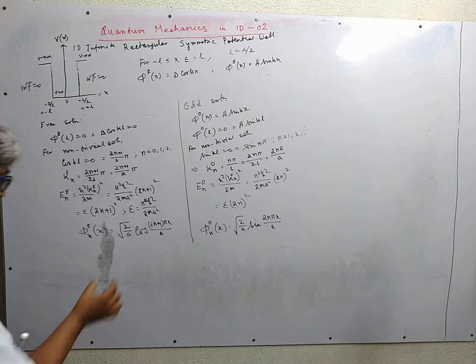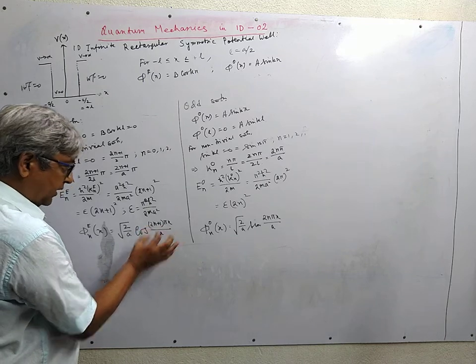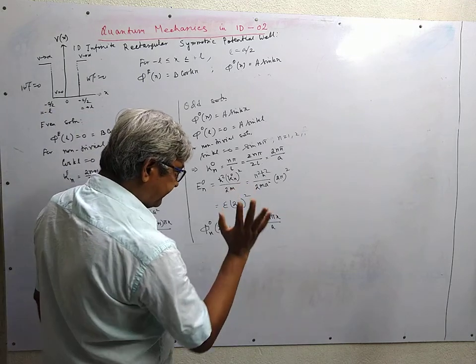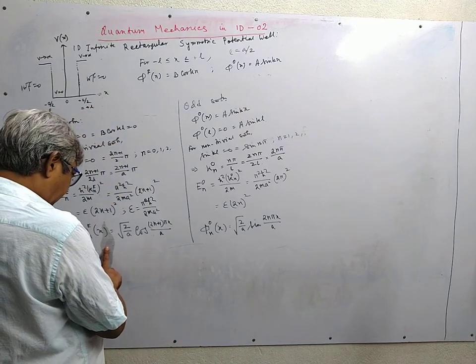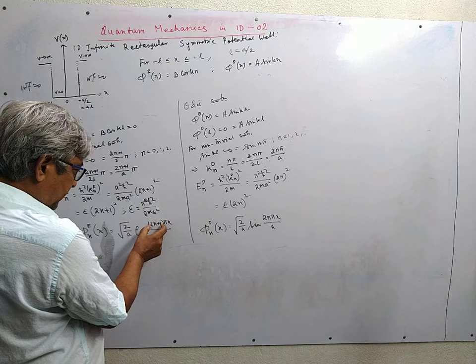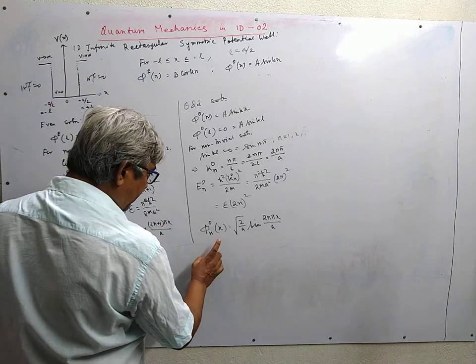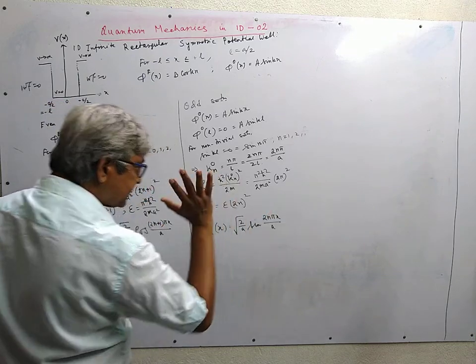You see this is the odd number and here is the even number. So whenever you are talking about even solution, the argument is odd, and whenever we are talking about odd solution, the argument is even.